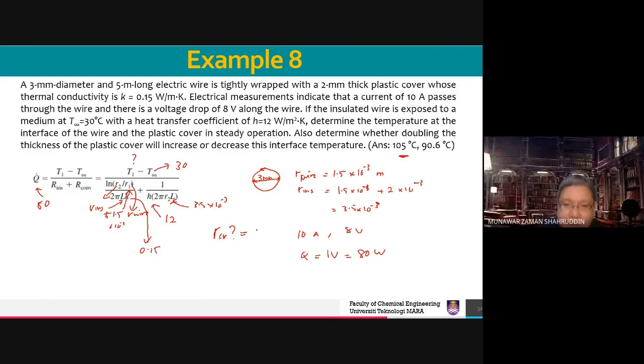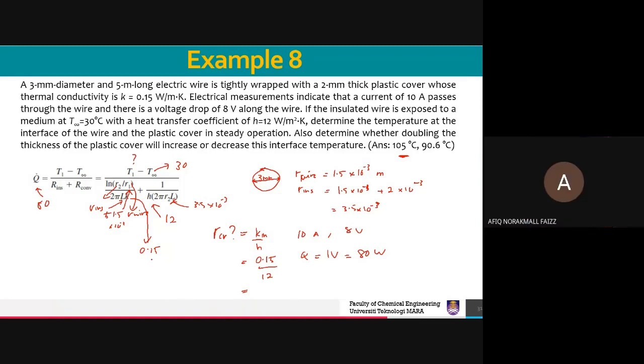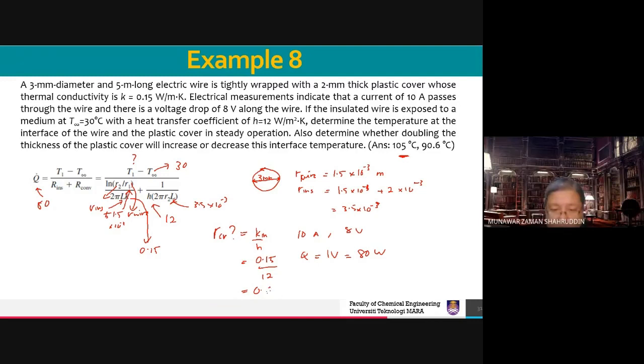It equals k over h, right? So what is the k of insulator? k of insulator is 0.15. h outside is 12. So 0.15 divided by 12 is 0.0125, 0.0125 meter.